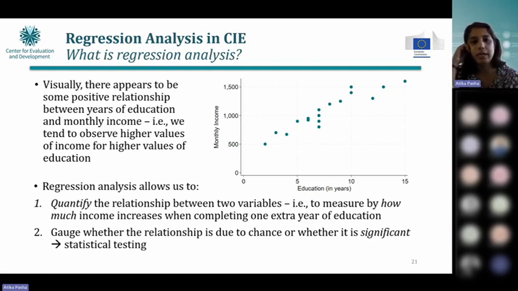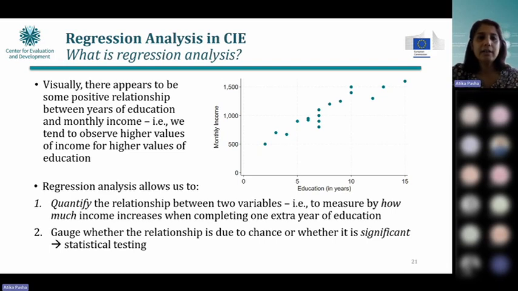And now what regression will allow us to do is, in the first place, quantify the relationship between the two variables, which is to say, we will be able to measure how much our income will increase when completing 1 year of education. So for this guy to have moved from 2 years to 3 years of education, what would be the increase in income for this person?